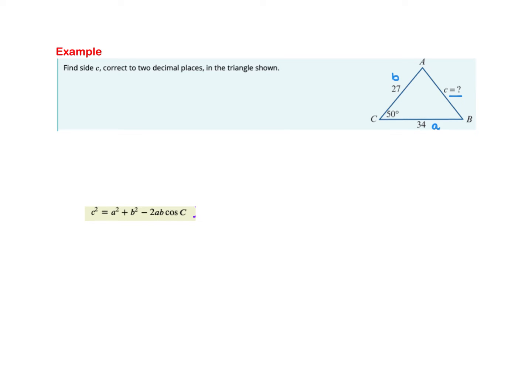Okay, so what you would do is you're going to use this formula, so you'd write out that one. You've always got your reference book in your notes, and you go, all right, this is the one I'm going to use. And then what we would do is substitute in what we know. So C squared is what we're trying to find. Now, side A is 34, so the formula says to do A squared, so I do 34 squared plus B squared.